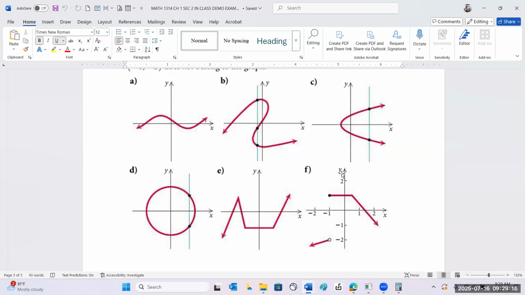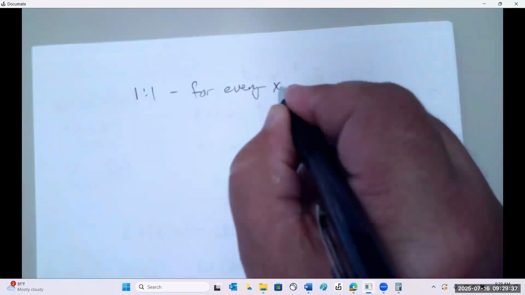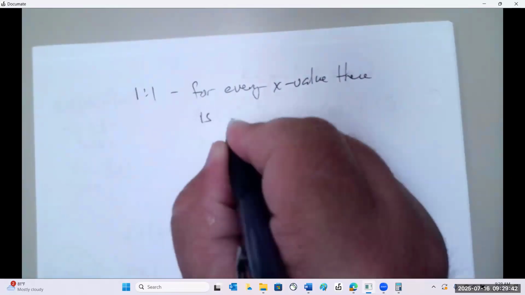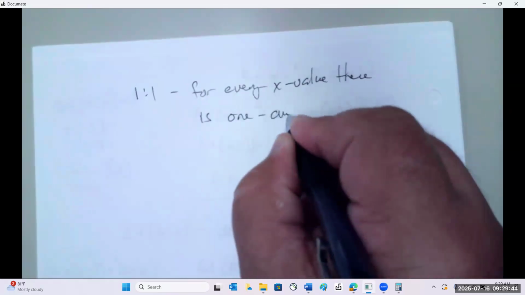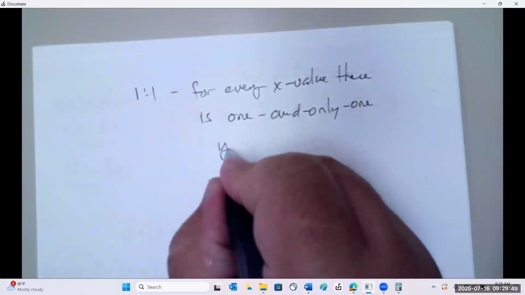If it's a function, then we know it's one to one. Remember, what does one to one mean? One to one means for every x value, there is one and only one y value.